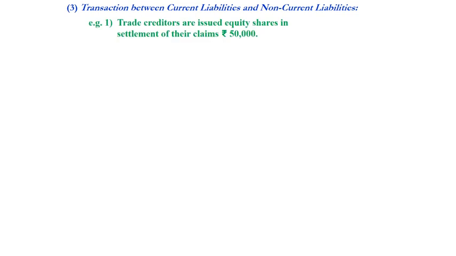Third sub transaction is between current liabilities and non-current liabilities. I hope you are observing the transaction. The transaction is in between current liabilities and non-current liabilities. Example, trade creditors are issued equity shares in settlement of their claims, 50,000.